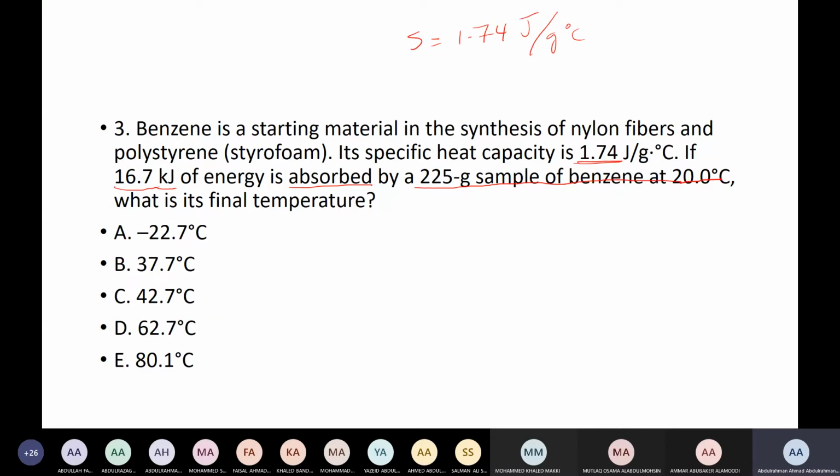Now we have Q equal to 16.7 kilojoule, and we said absorbed by.